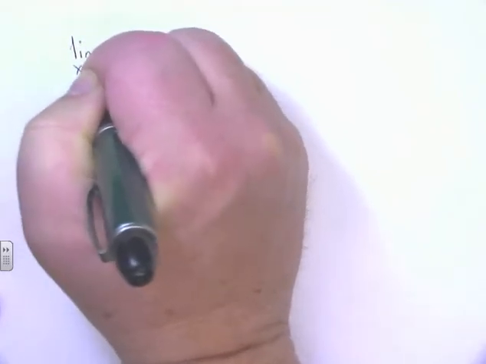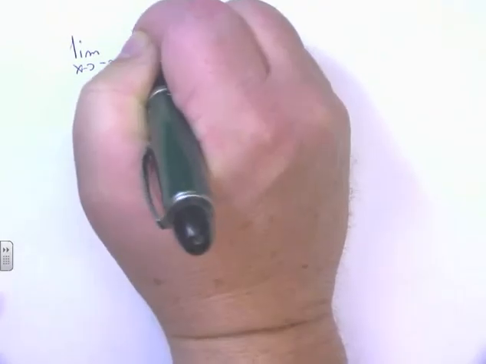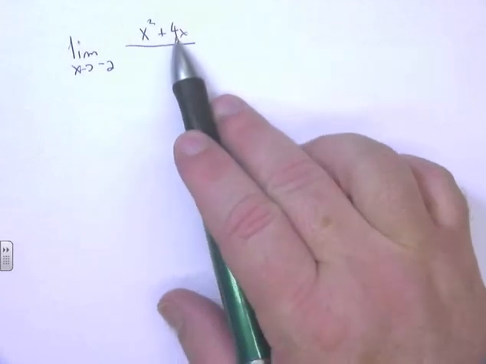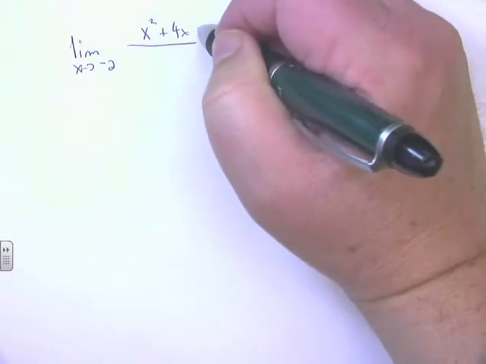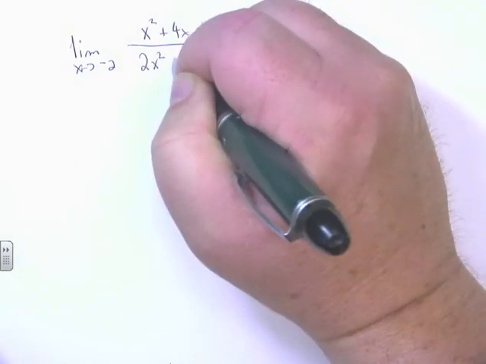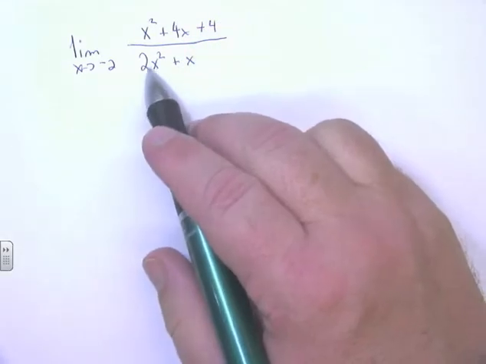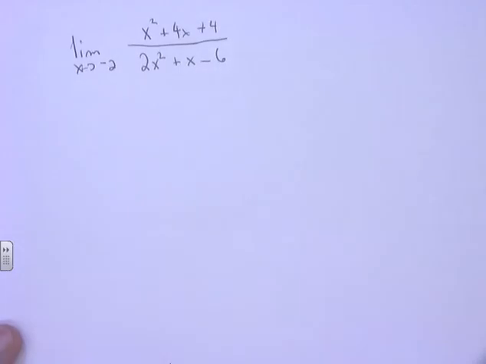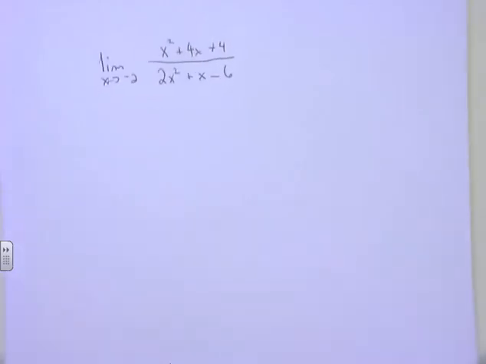Take the limit as x approaches -2 of x squared plus 4x plus 4 over 2x squared plus x minus 6.